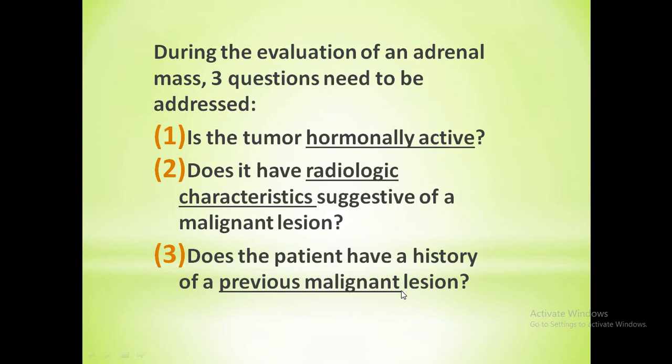Does the patient have a history of any previous malignancy? So hormonally active, radiological appearances of a malignant lesion, and previous malignancy. These are the 3 questions, or the 3 points that need clarification before you proceed.